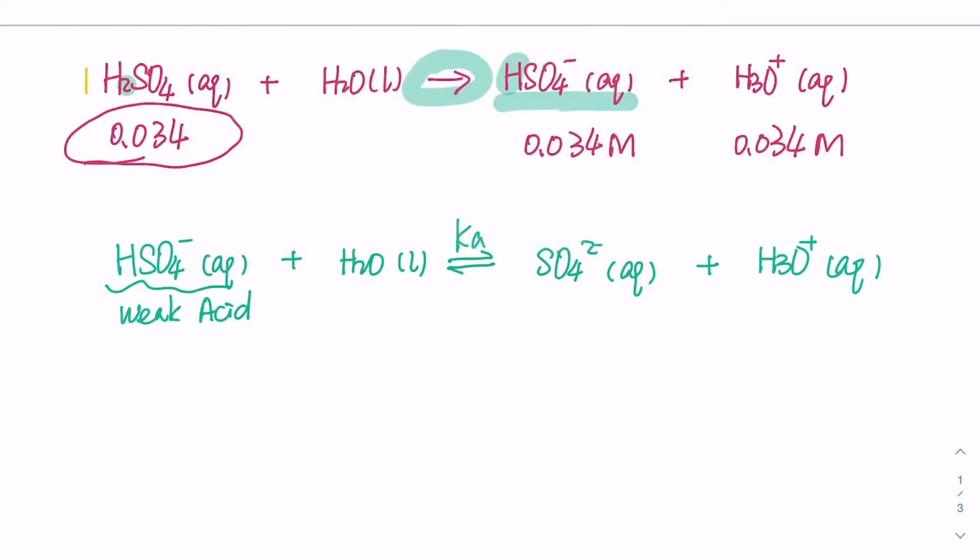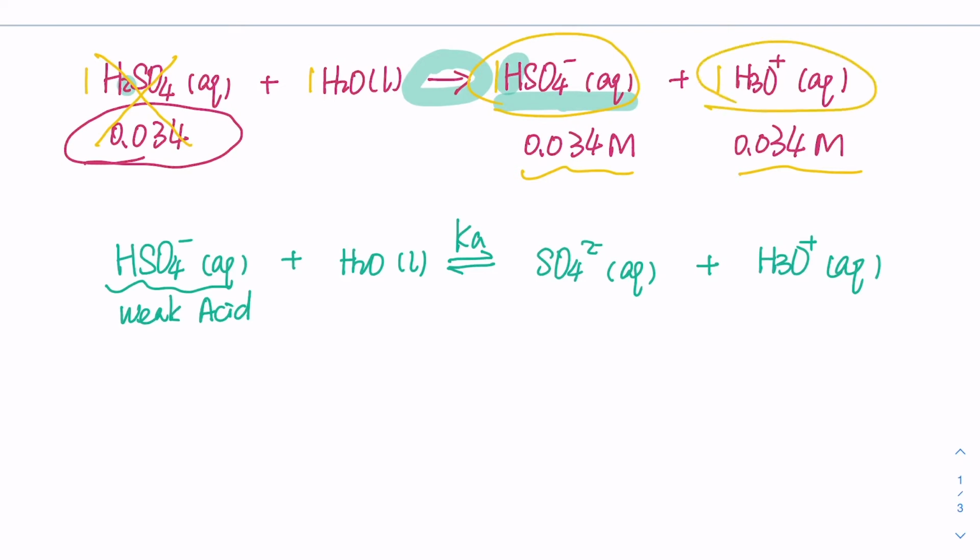Because it's a 1 to 1 to 1 ratio. When you use 1 mole of sulfuric acid, you produce 1 mole of HSO4 minus and 1 mole of hydronium ion. Now you have 0.034, so you get the same amount. That's the first step. After the first step, you don't have any sulfuric acid, because you're generating these two. But that's not the end.